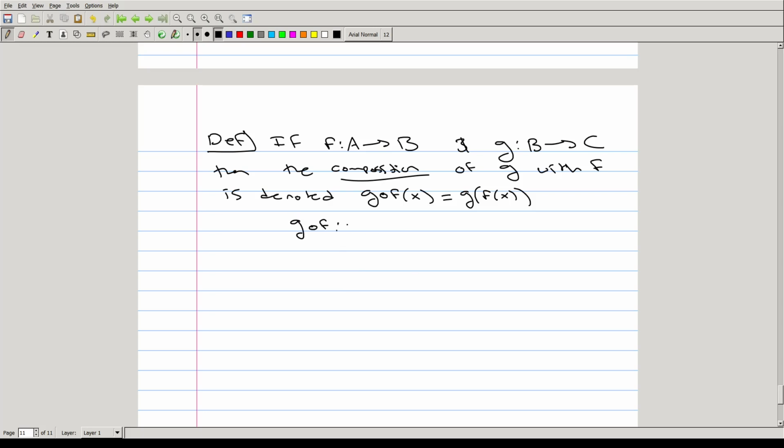And this is a new function from A into C.